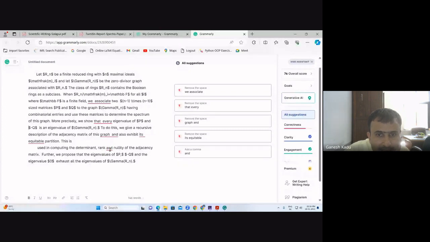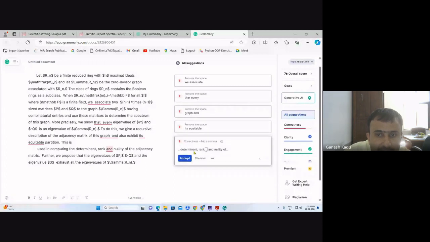And the last one is add a comma. So rank and nullity. This is the one where it is giving me a suggestion, this "and". So before this "and" you need a comma. By the way, commas and full stops are important and have to be observed.